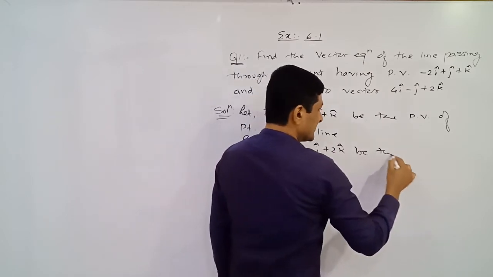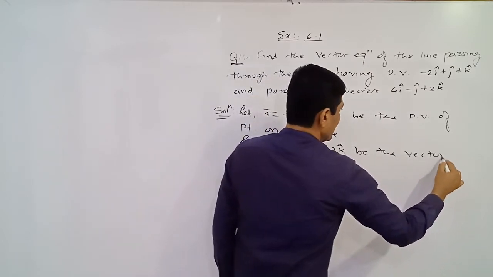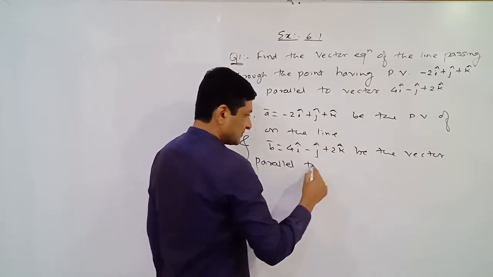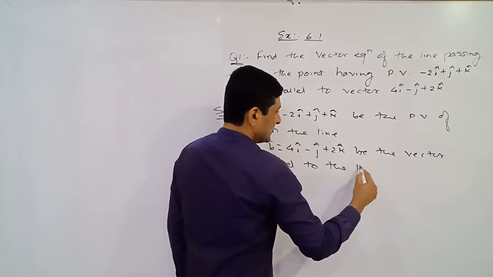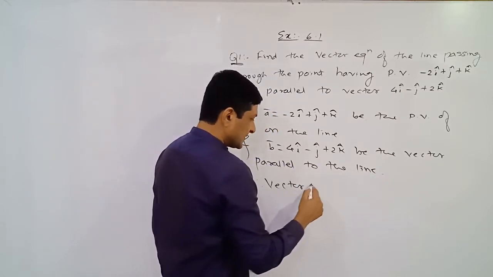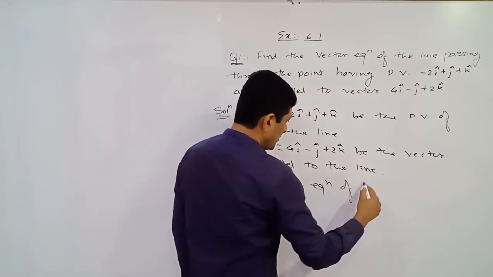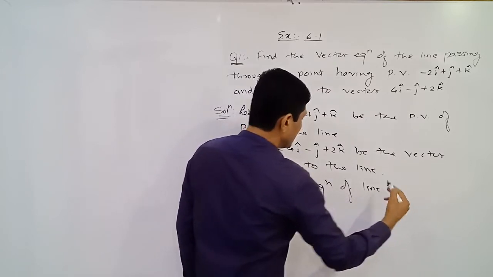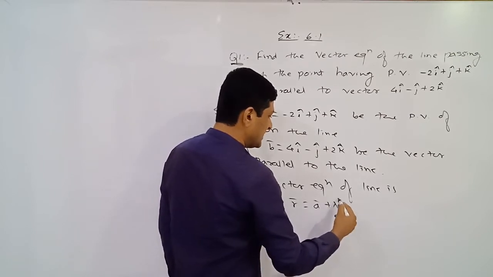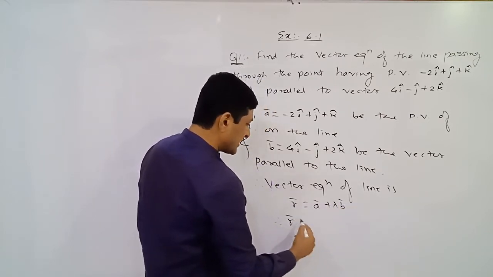This is the vector parallel to the line. Therefore, the vector equation of the line is, what is the formula? r bar is equal to a bar plus lambda b bar. So r bar, keep it as it is.